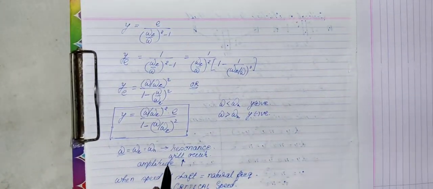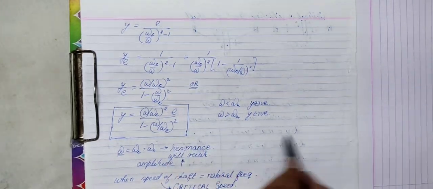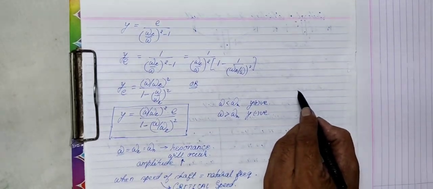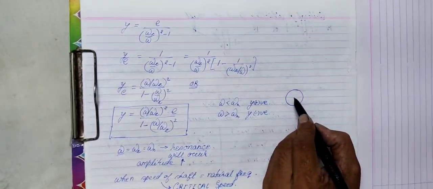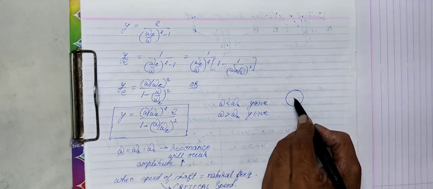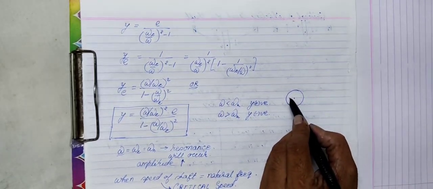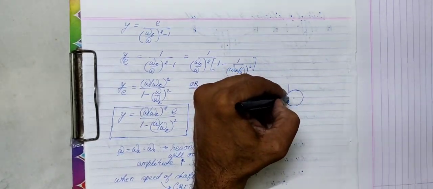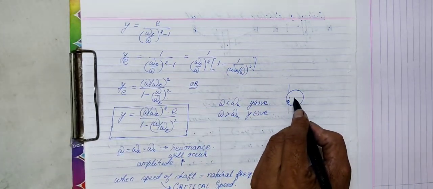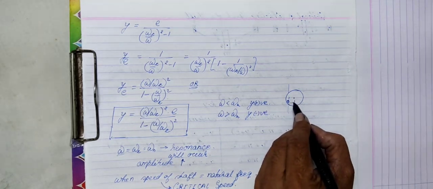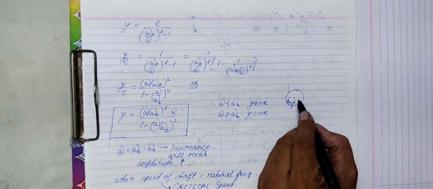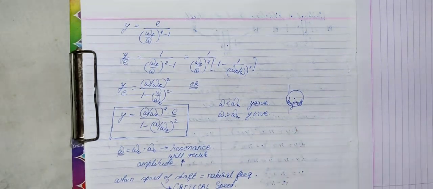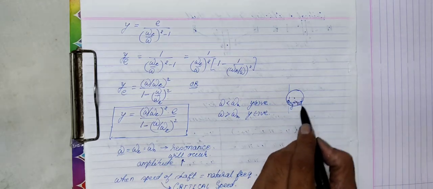So when it is positive, for the condition when omega is less than omega n, and this is rotating, let us say this is the center of rotation, or say this is the axis of rotation passing through. We get this displacement as positive, and this is supposed to be the eccentricity from the rotation.